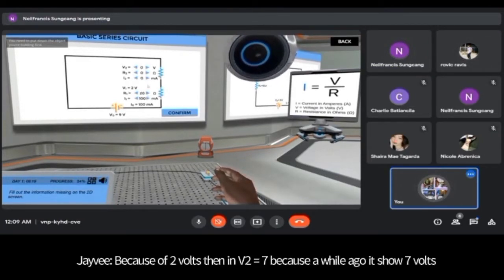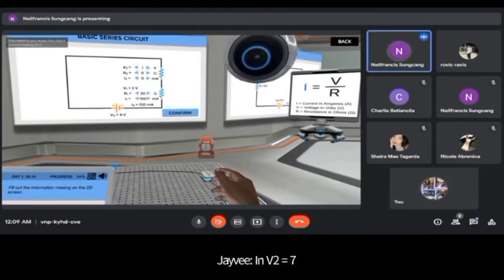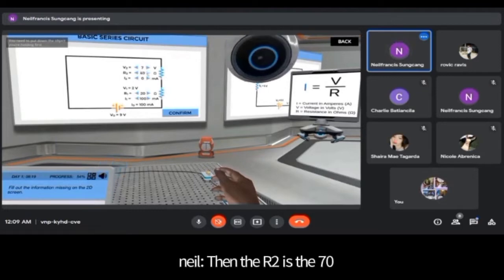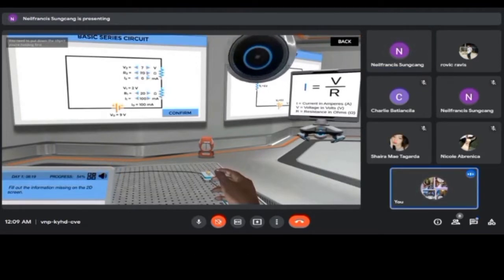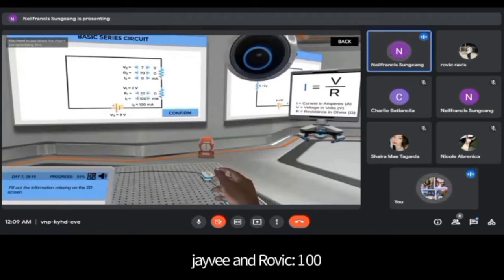Kasi 2 volts eh. Tapos sa V2, 7. Kasi yung kanina 7 yung ano eh. V2, 7. Tapos 70, sa ohms. R2. Okay, sa ohms. That's I2, 100 ata. 100.